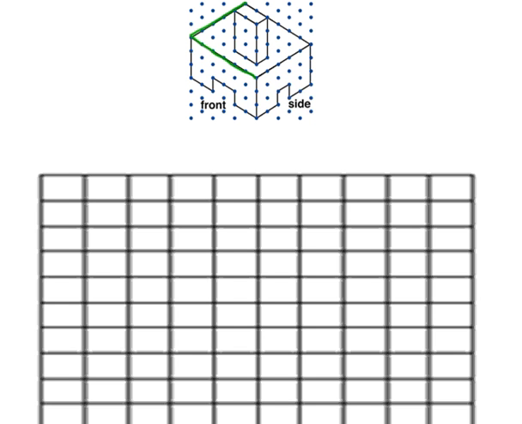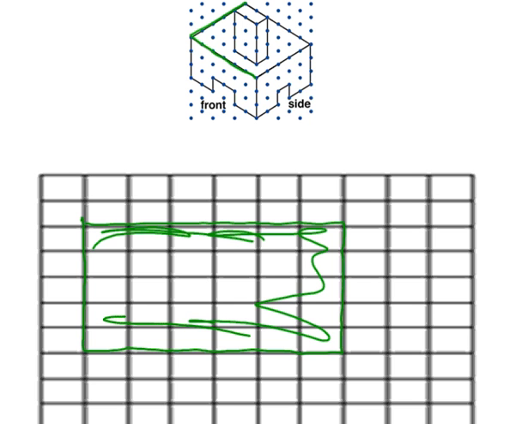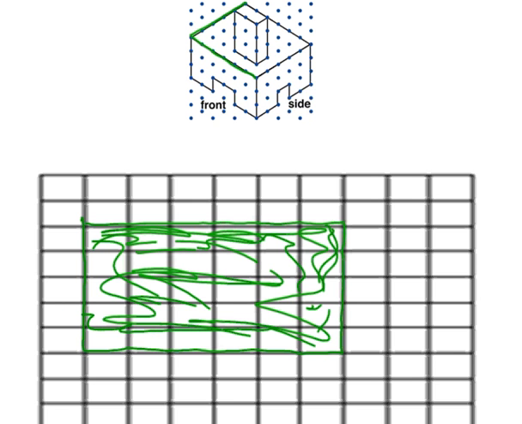I'm going to go 6 across, 5 down, come back 6, and complete it. And from the top, I can't really see the chimney at all. So that shaded region becomes my top view.